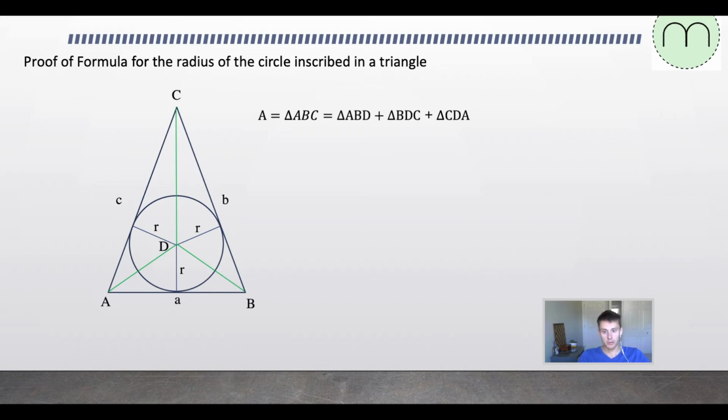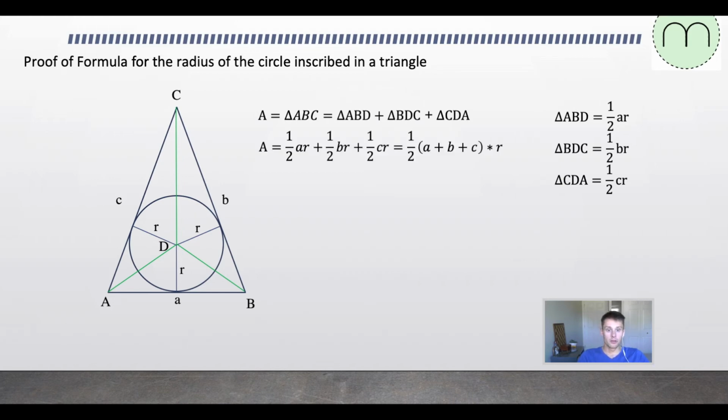And the good thing about those triangles is that their height is actually the radius of the circle, R. So we can denote the area of the triangle ABD as half times A times R. Similarly, BDC is going to be half times BR, and then CDA will be half times CR.